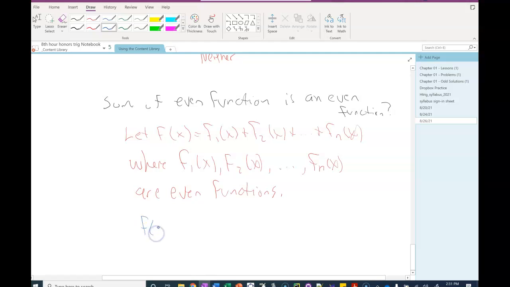So then to prove this, I'm going to take f of negative x. So that means negative x is going to be substituted in for all the x's. Right? So I've just taken this and plugged negative x into all the places, right?